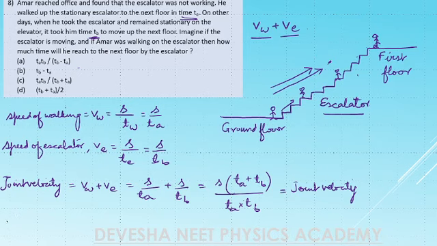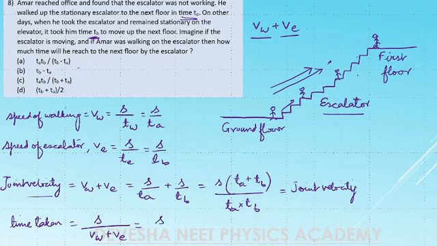So now let's look at, if both are working, then how much time is taken? Time taken is equal to the distance S between the ground floor and the first floor, divided by the speed, right, the joint velocity, correct? Because both are working now, which is VW plus VE, okay?